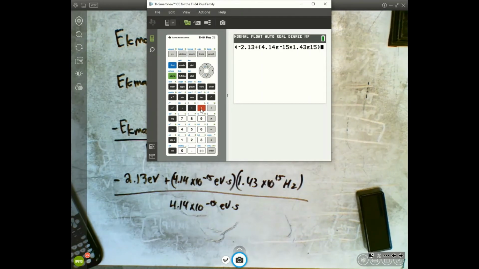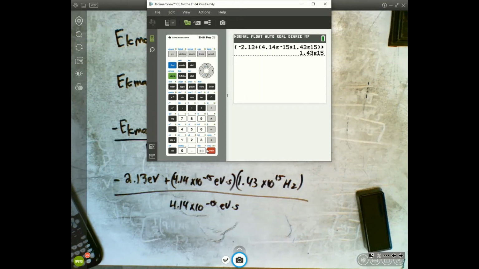Just double checking it. And then I'm going to divide it by 4.14 times 10 to the negative 15. And that is my threshold frequency.